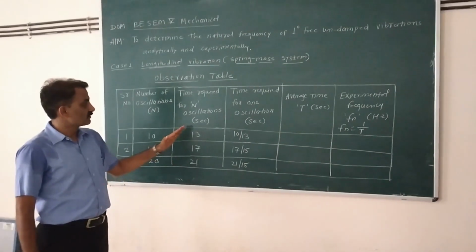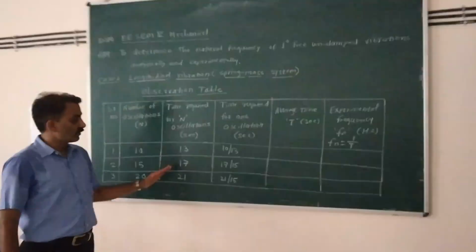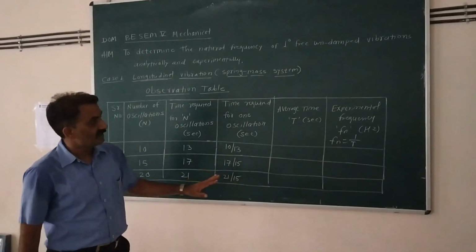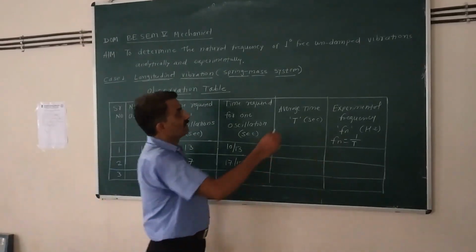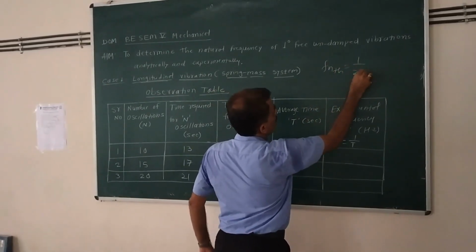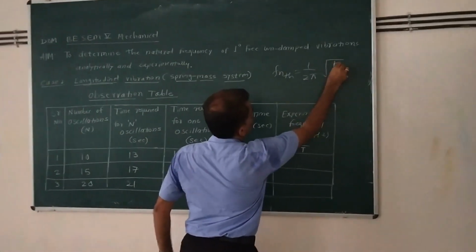Substituting the values of time required over here, and after the completion of this table, you will come to know the experimental natural frequency. The theoretical natural frequency, which we have already seen how to calculate, is 1 upon 2 pi times the root of k upon m.